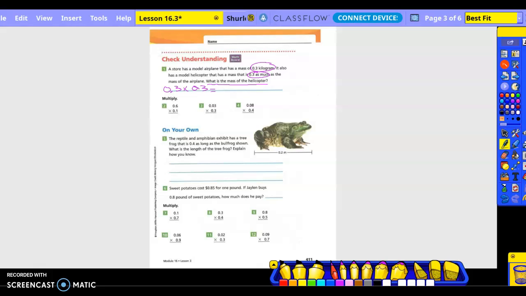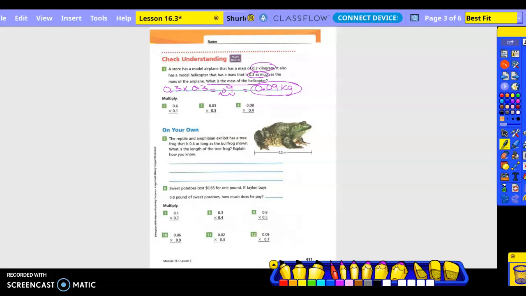No. So what is 3 times 3? 9. And then I have 1 decimal place in the first number, and another decimal place in the second number. So 2 total. So I'm going to come to the end and go 1, 2 to the left and put a 0 in there to hold my spot. So my answer is 0.09 of a kilogram.